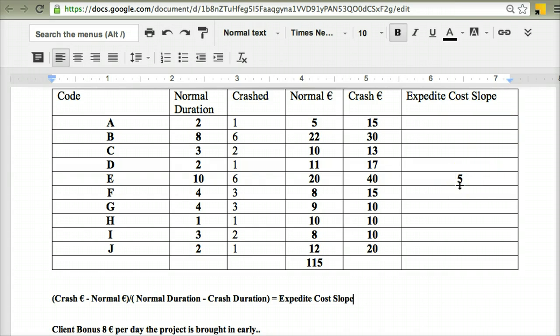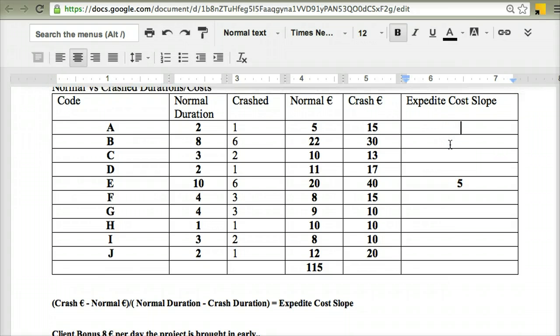So I want to apply that formula, or that logic, to each of those different activities all the way down. Activity A, first of all: the crash duration is 15, minus the normal duration is 5. That gives me 10, divided by 1 is 10 euro. In activity B, if it's going to cost me €22 to do it in a normal duration of 8 days and €32 to crash it to 6 days, then the expedite cost slope of that is 8 divided by 2, which is 4.